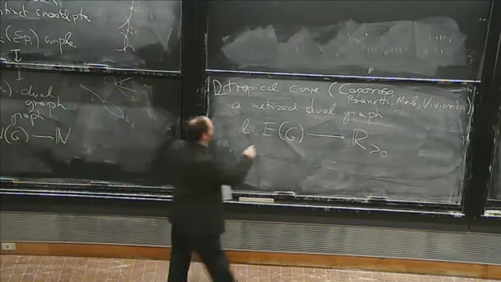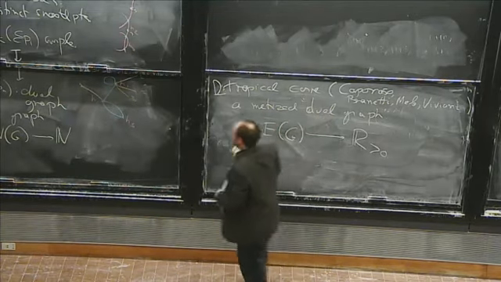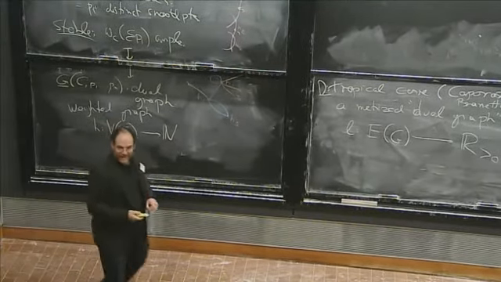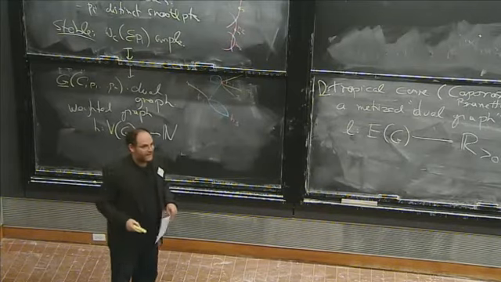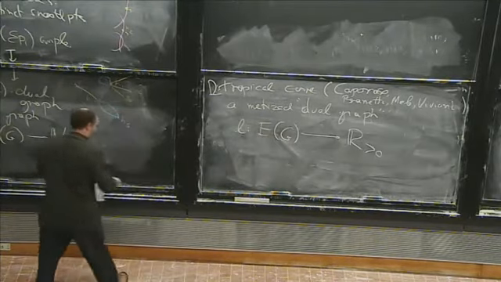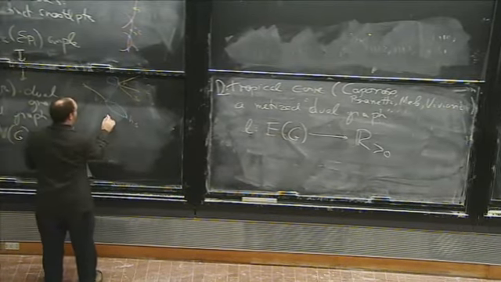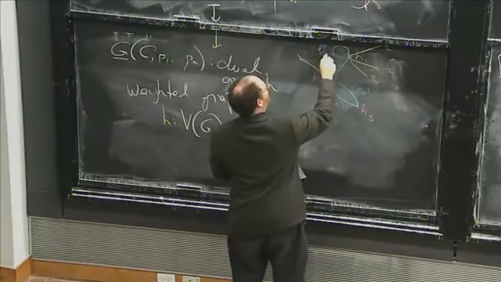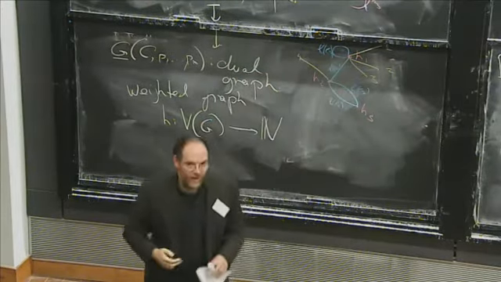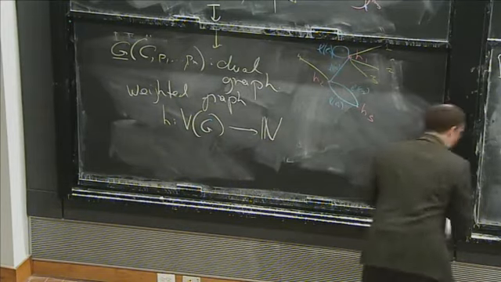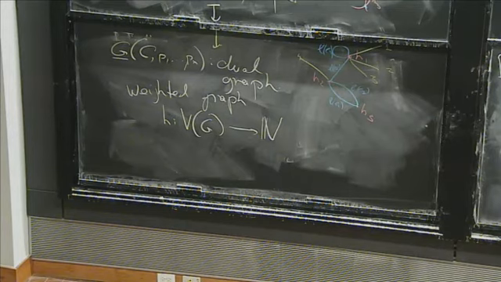Okay? So a metrized dual graph is just the same as a metrized weighted graph with numbered legs. You should think of L of E1, L of E2, L of E3, and L of E4 as lengths of the corresponding edges. So that's what a tropical curve is.